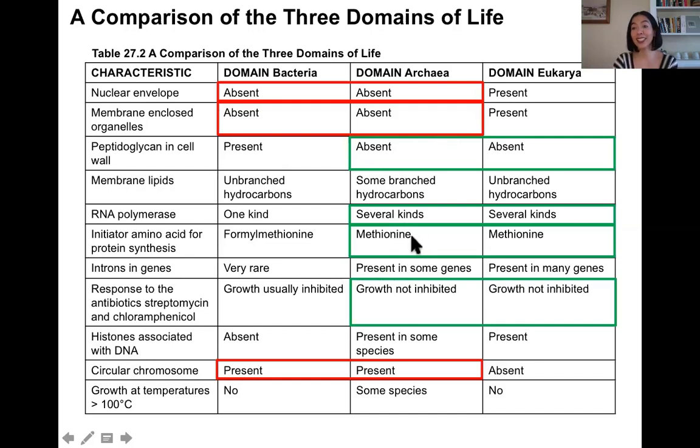And this is what I told you, AUG is the codon coding for this methionine, right? Whereas in bacteria, it's going to be a similar but not identical amino acid, the formyl methionine. Another shared feature between Archaea and Eukarya is that growth is not inhibited by the antibiotics streptomycin and chloramphenicol, but it is inhibited in bacteria, in most of them.